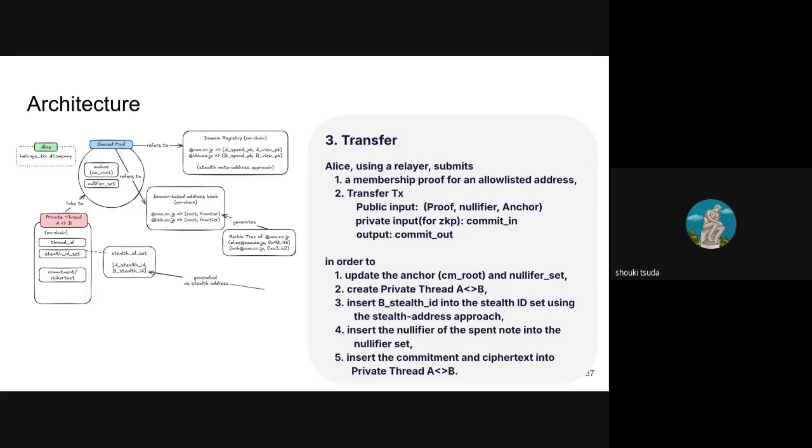Once the transaction is verified, the anchor and the nullifier set defined in the shared pool are updated. At this time, similar to the deposit in step 2, we create private threads A and B, insert the stealth ID into the stealth ID set using the stealth address approach, and insert the commitment ciphertext of a newly issued note.